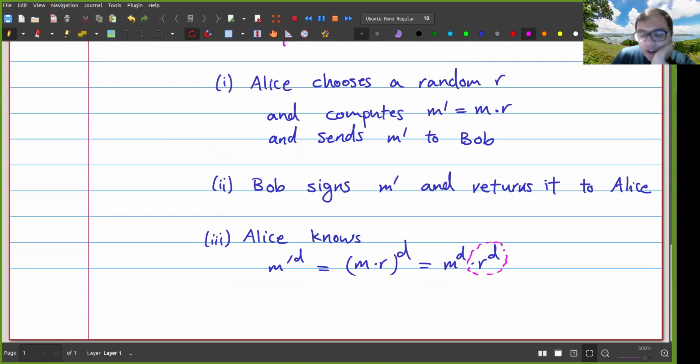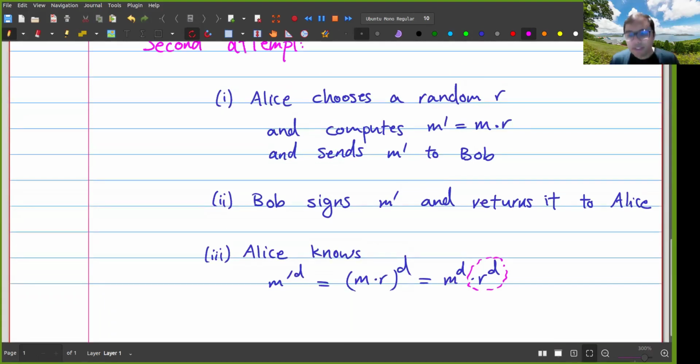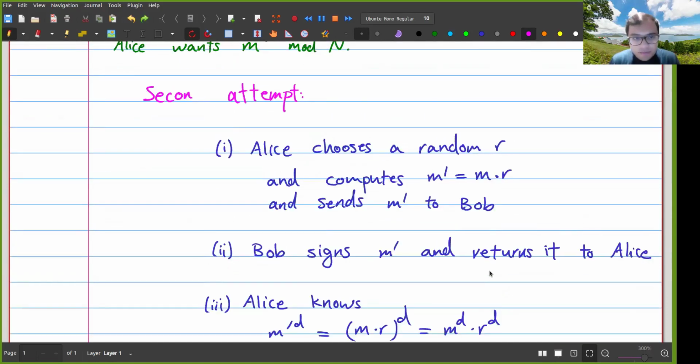And this thing was R to the power of D. I only know R. Okay, so let's just do some sort of reverse engineering here. And let's say that I want to be able to divide by the thing that I know at the end. So instead of dividing by R to the power of D, I want to be able to divide just by R. So what does this mean?